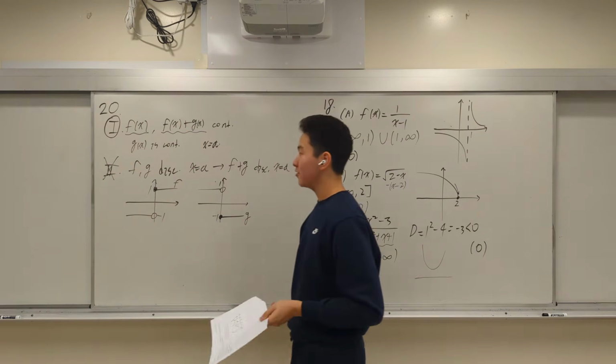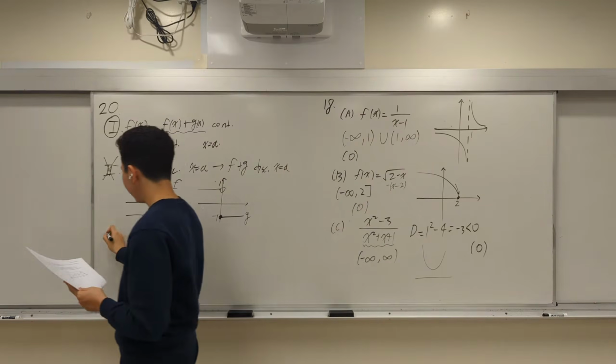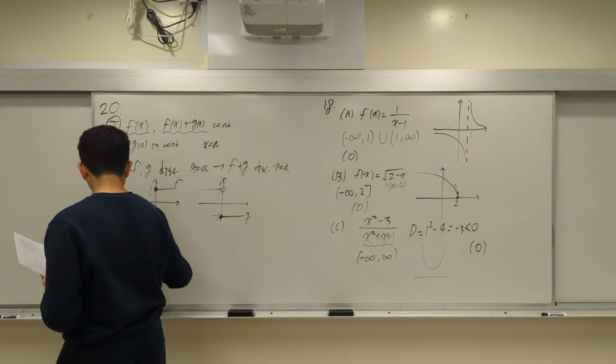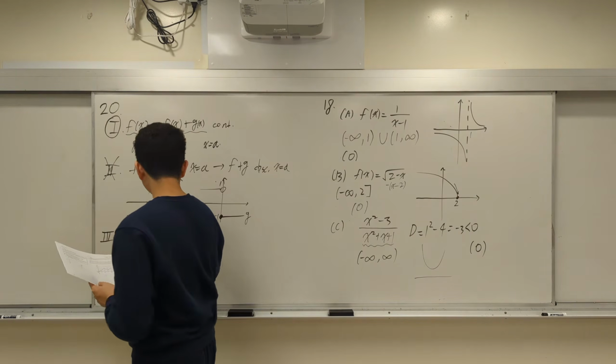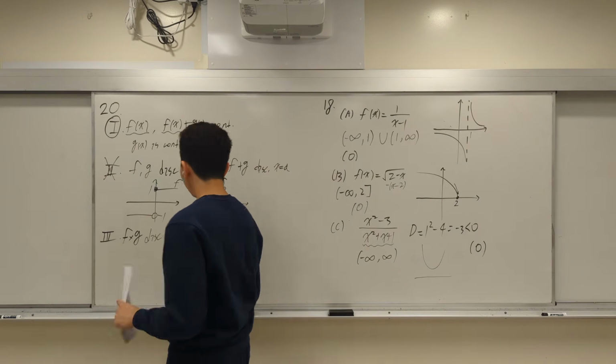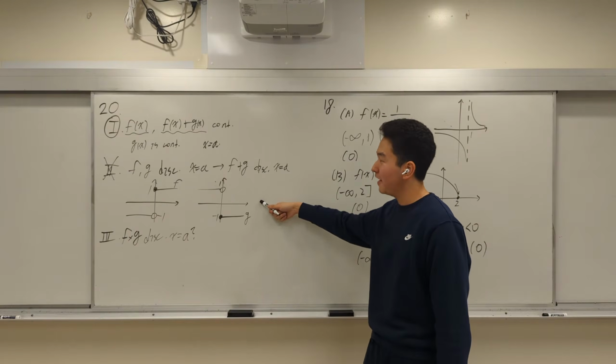So one simple counterexample is all you need, right? Okay, number 3, it asks the same thing, but is f times g discontinuous at x equals a? We can actually use the same counterexample that we found over here.